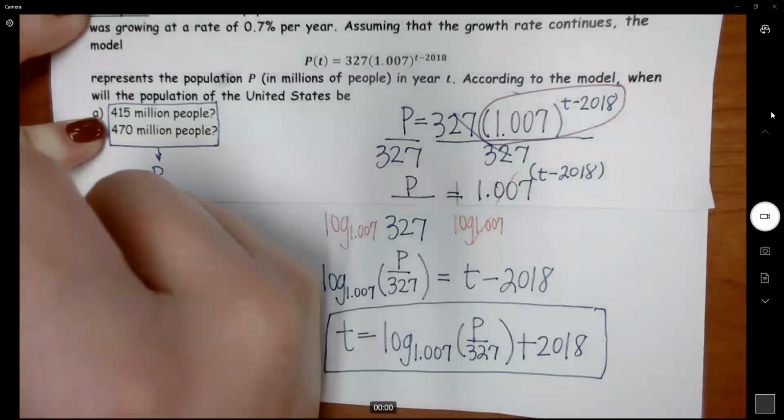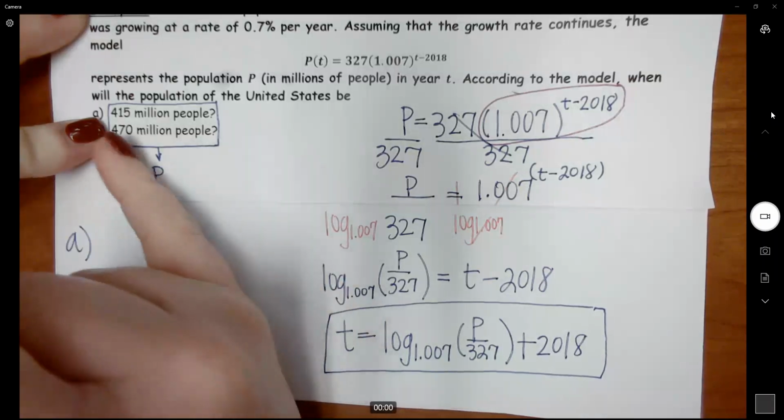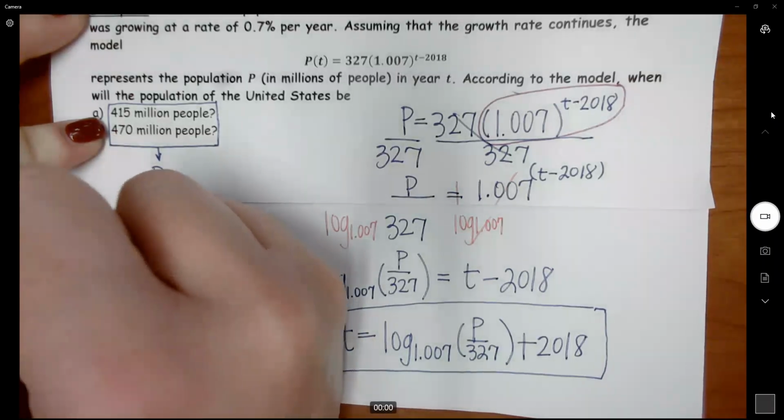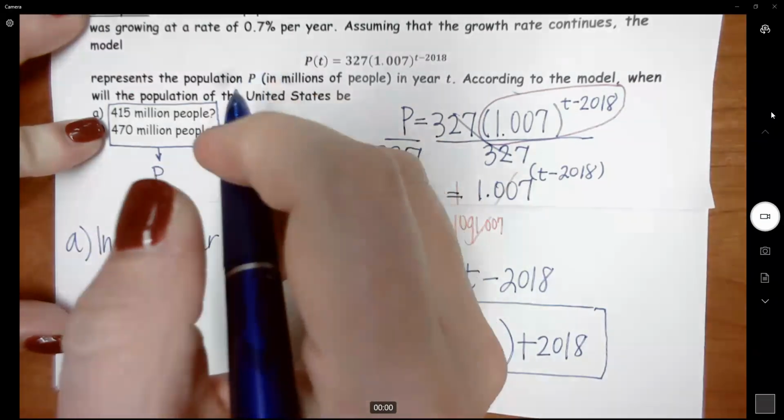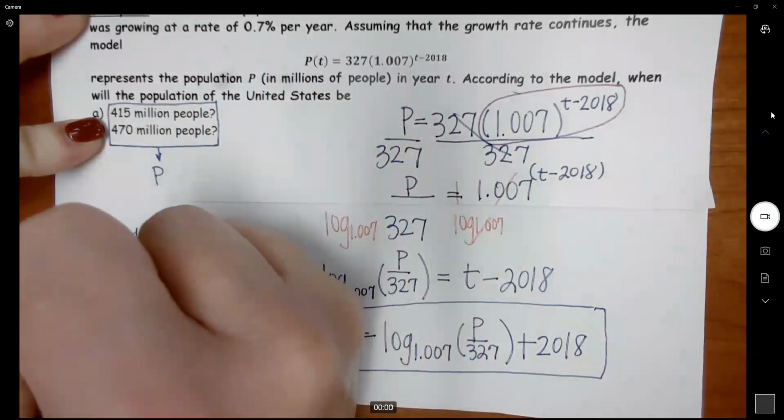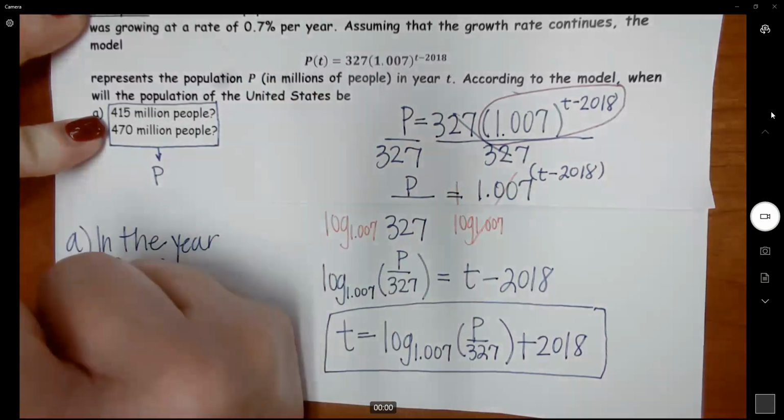So it's going to have a population of this in the year 2052.